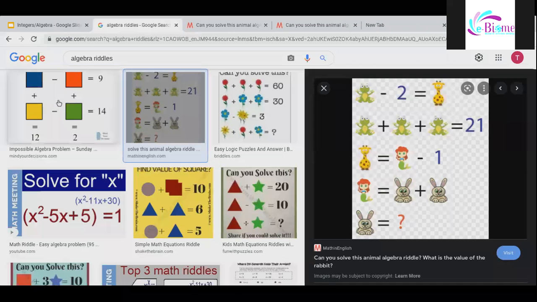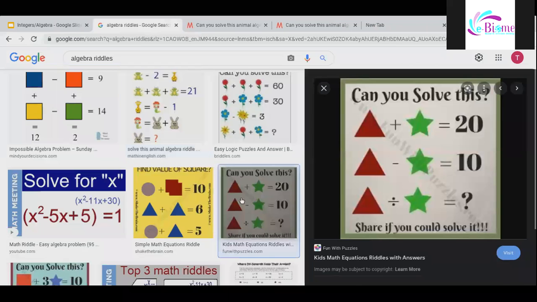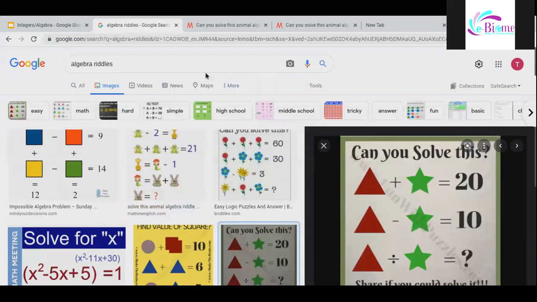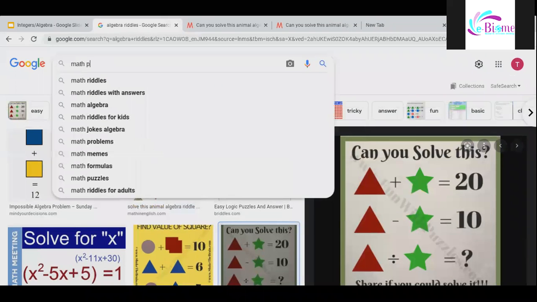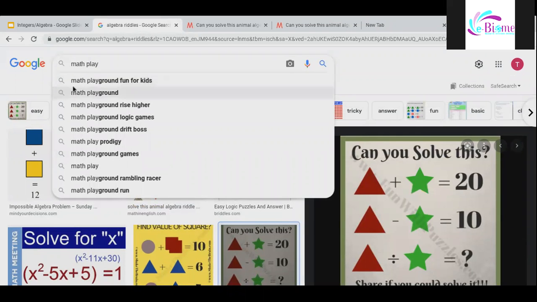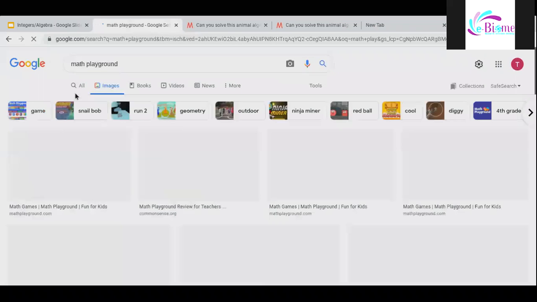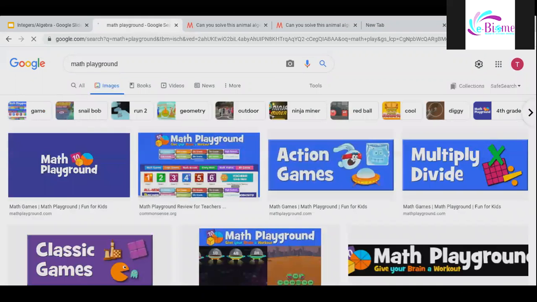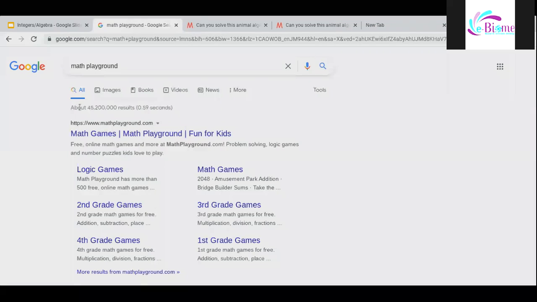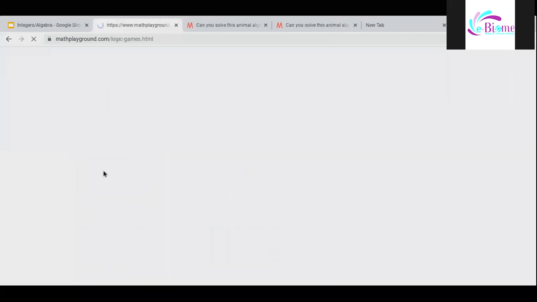Hello, sir. Sir, type in math playground. Math what? Math playground. Okay, let's see. Go to all, and then go, yeah, right there. No, press right there, not that one, sir.